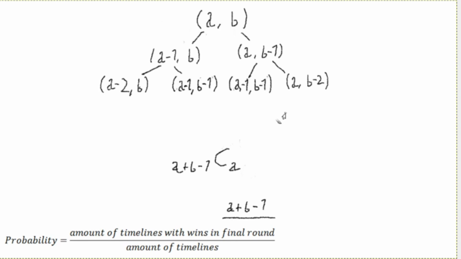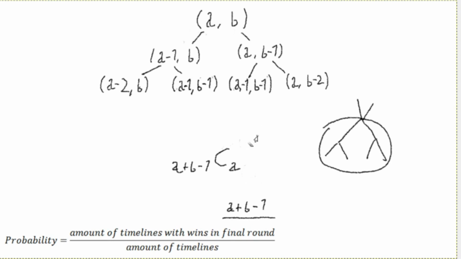But we're not quite done yet, because as we saw earlier, player 1 doesn't need to win in the final round. He could also win much earlier, like up here for example, and then this whole branch would belong to him. Now, to do that, we just need to say, okay, he could have also gotten 1 more point than he actually needed.